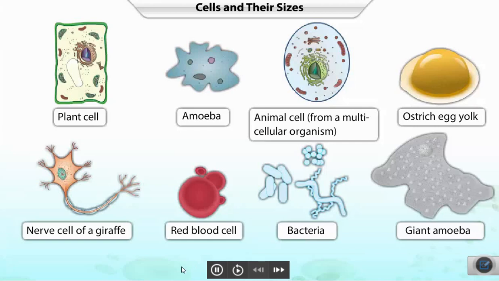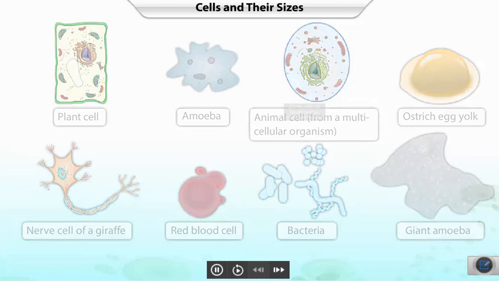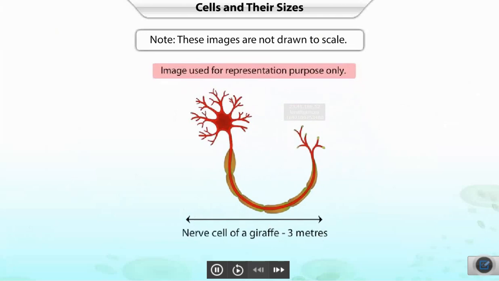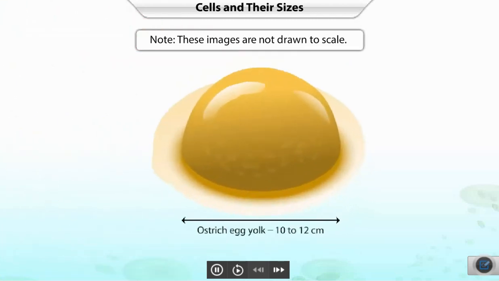So which cells can be seen with the naked eye? Well, the largest is the nerve cell in a giraffe, which can be as long as 3 meters. In comparison, the yolk of an ostrich egg, which is a cell, is about 10 to 12 centimeters.